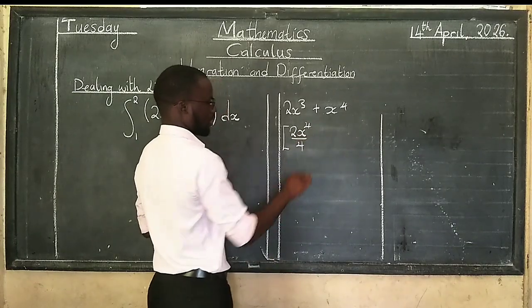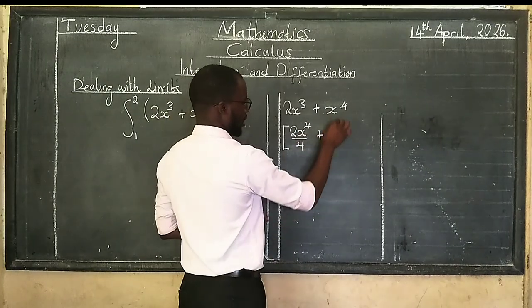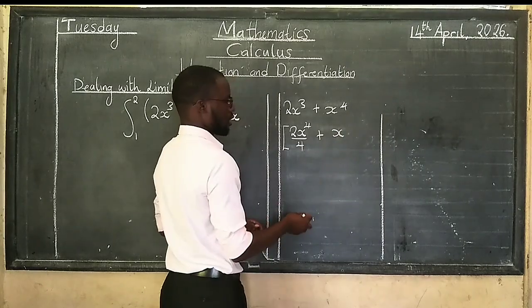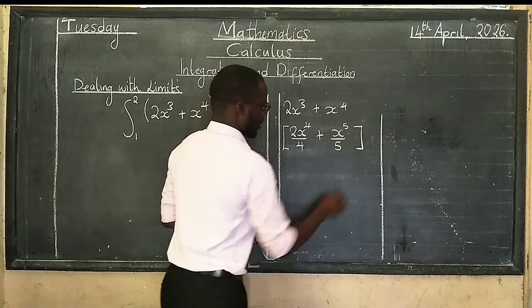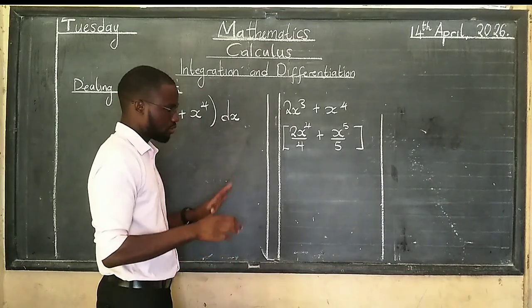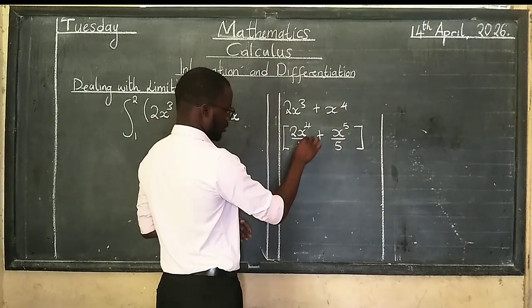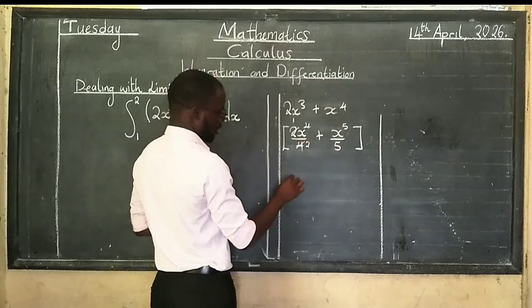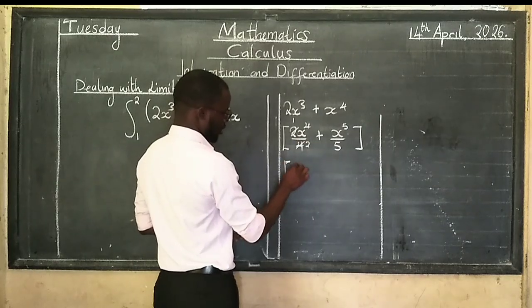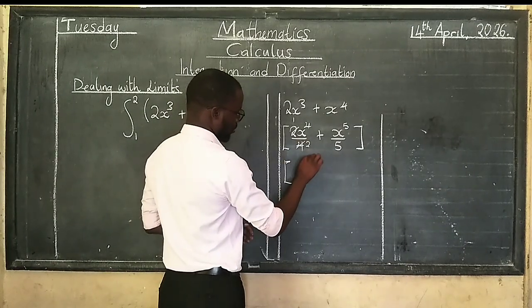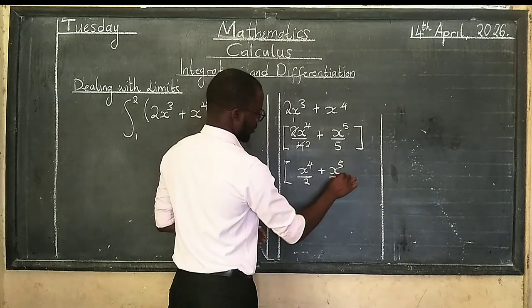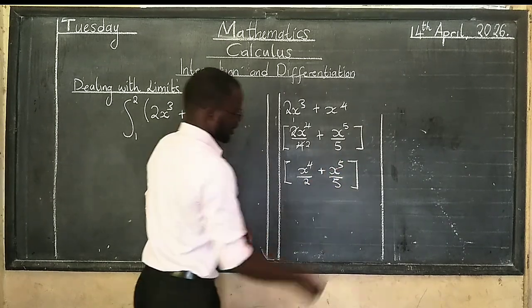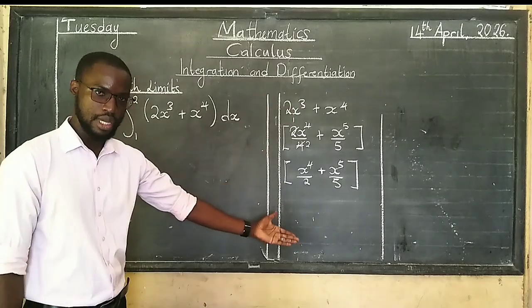Dividing by the new power, we have that, plus x as it is, then the new power will become 5, dividing by the new power. There we have integrated, but we can simplify further. 2 into this, 2 into this, 1. So this is therefore going to be x to the power 4 over 2 plus x to the power 5 over 5. Now, just like this we are done.